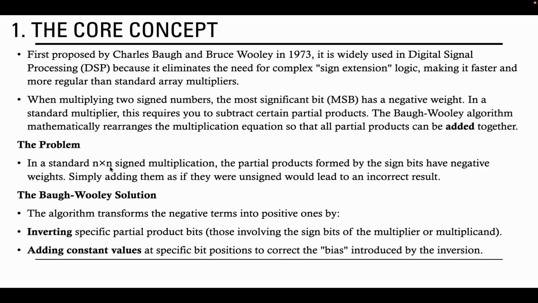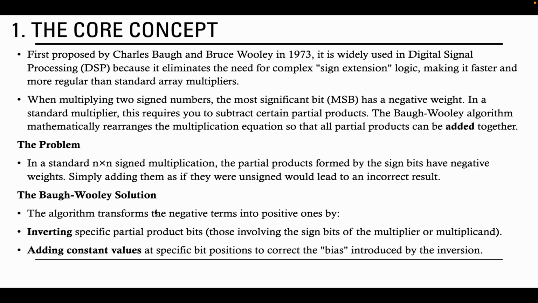In a standard n cross n signed multiplication, the partial products formed by the sign bits have negative weights. Simply adding them as if they were unsigned would lead to an incorrect result. So as we discussed, the signed partial products need to be changed. If we just add them using full adders, we'll get an incorrect result. So, what does the Baugh solution give?